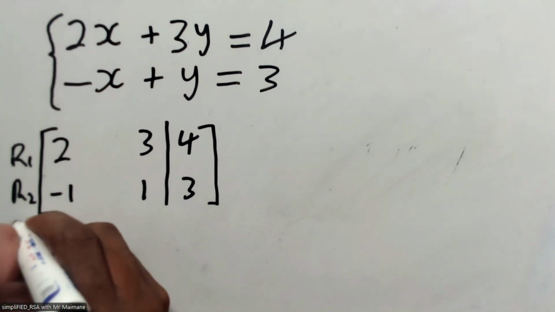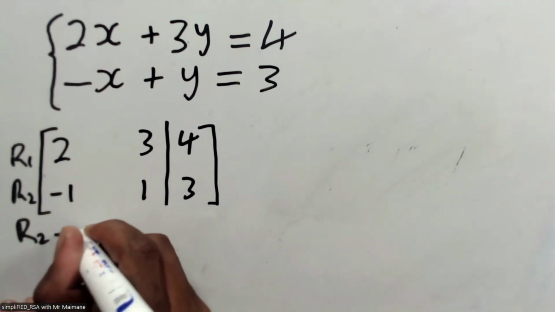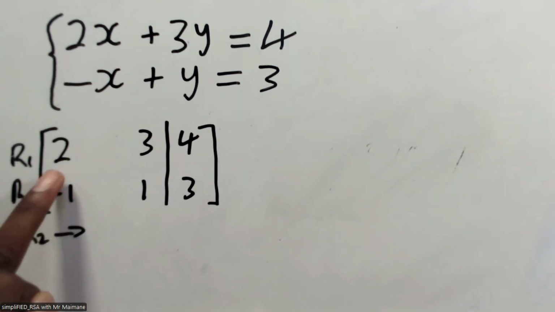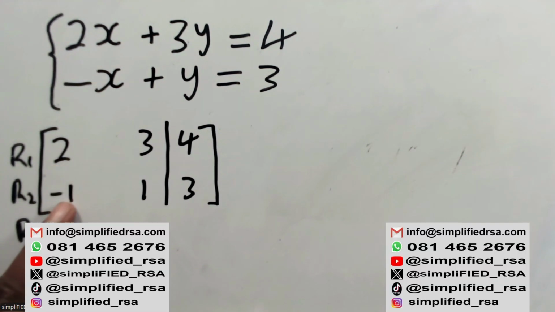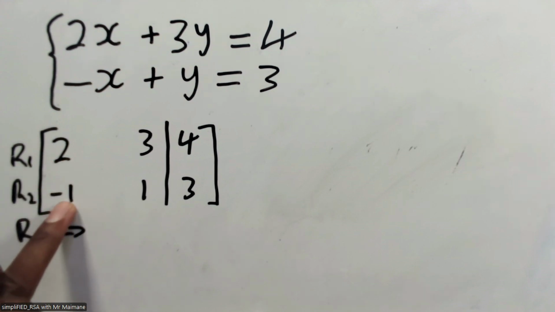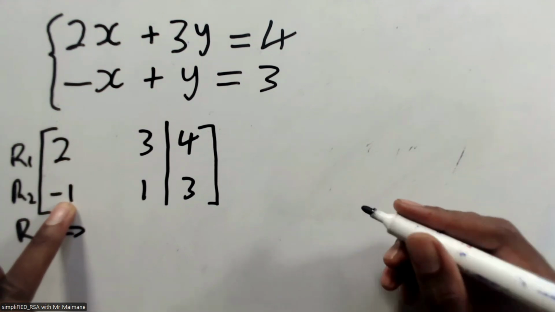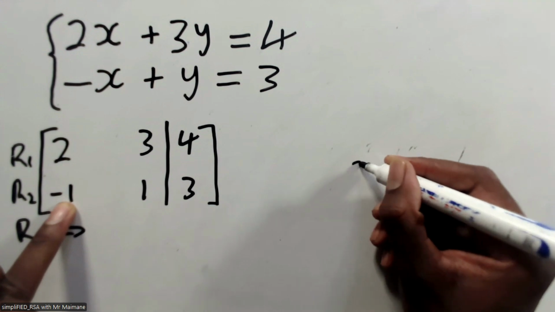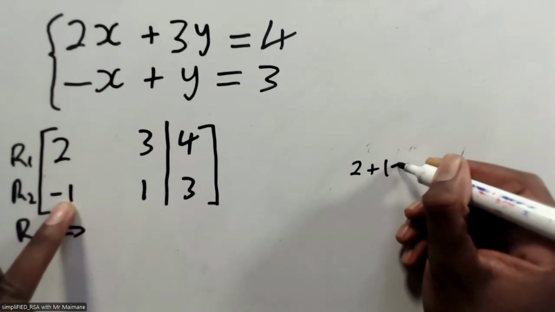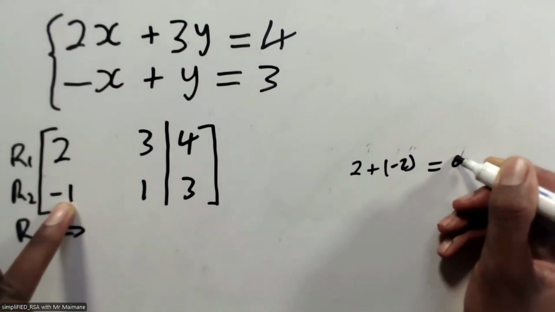I will say row 2 will be yielded from, how do I manipulate -1 and 2 to have a 0? If I can multiply -1 by 2 and add row 1, the 2, automatically I'll have a 0, because 2 plus -2 gives me a 0.